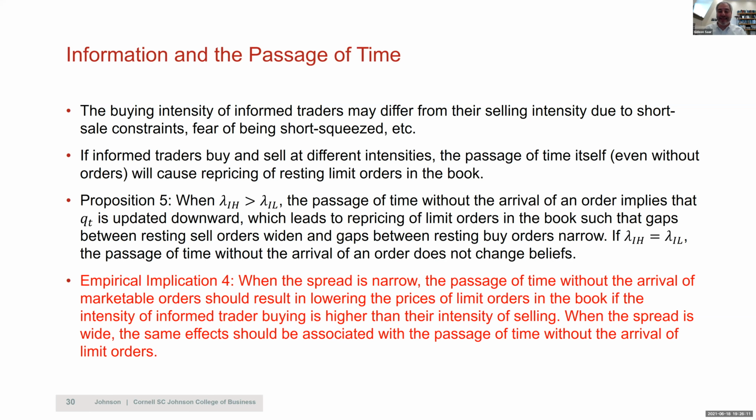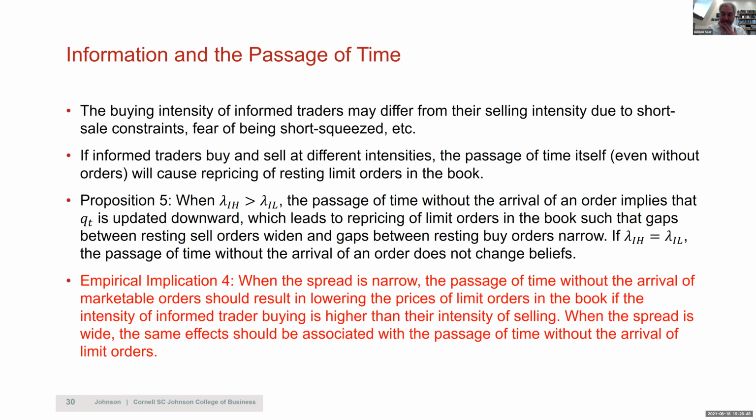And the reason is that if buys would be more frequently seen when there's good news than sells when there's bad news, then not seeing any buys or sells would mean that it's more likely that it's bad news. And of course, if it's the same, then the passage of time would not change beliefs. So you can actually use the repricing of limit orders in the book to test hypotheses about the intensity of informed traders' arrival, which is really nice.